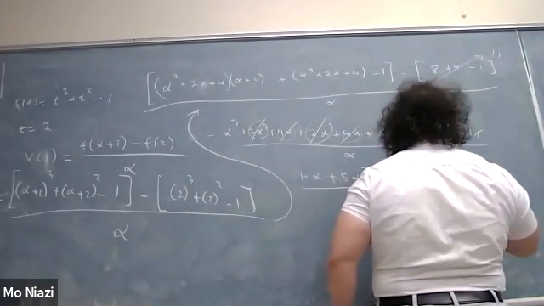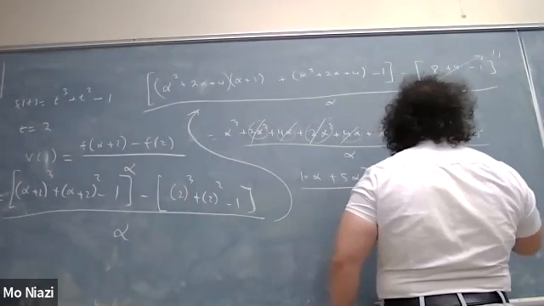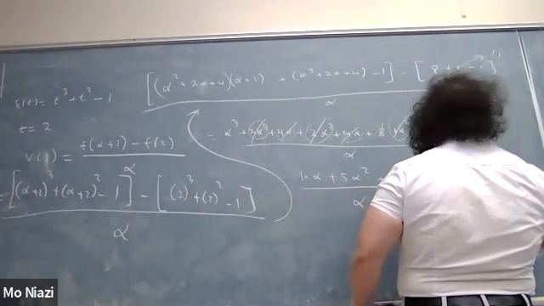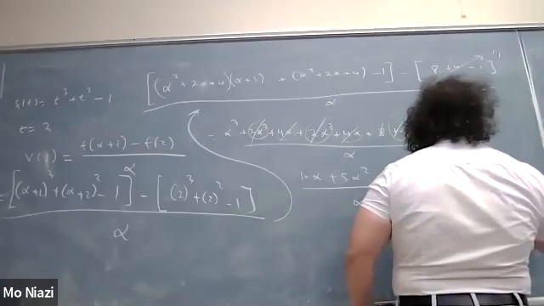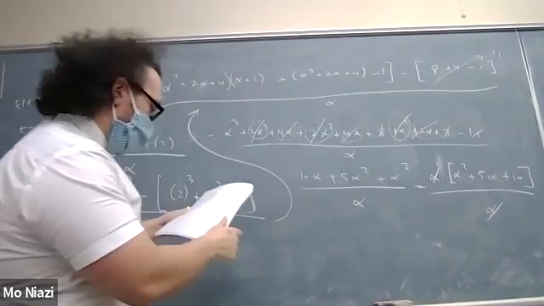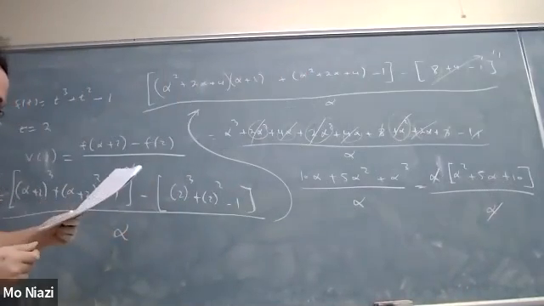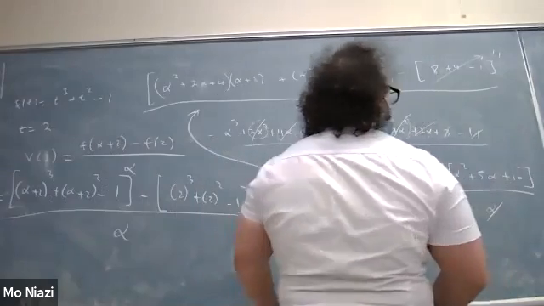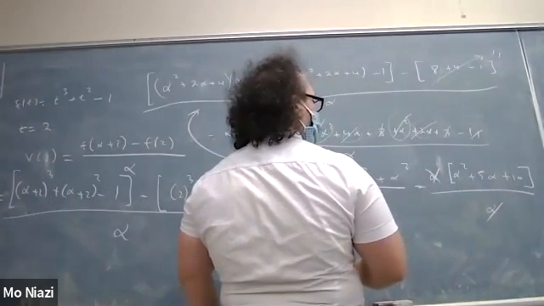So this becomes alpha times alpha squared plus 5 alpha plus 10, all over alpha. Cancel those out. Okay, so then what's left is alpha squared plus 5 alpha plus 10.